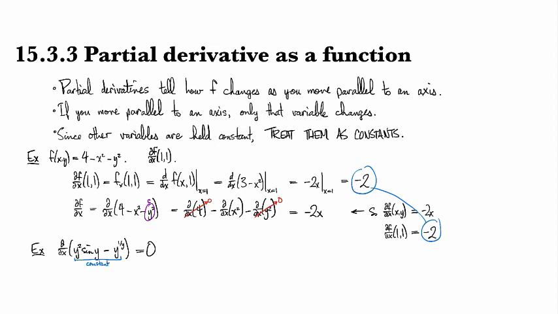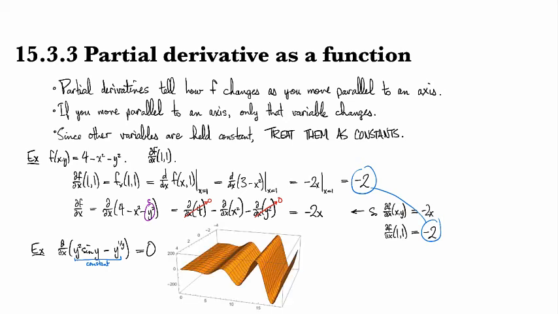Now, does it make sense? Why, conceptually, are you treating that as a constant? Well, let me show you a picture of this function. Okay, so here's what this function looks like. And the thing that should immediately jump out at you is that this is, in fact, a cylinder.